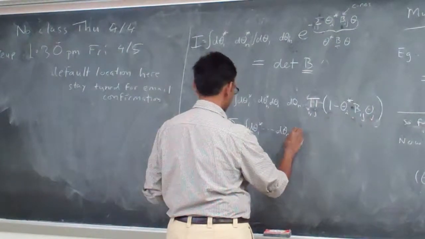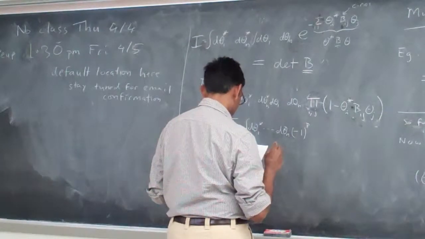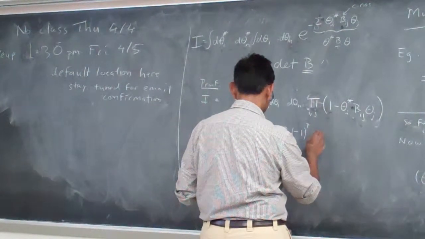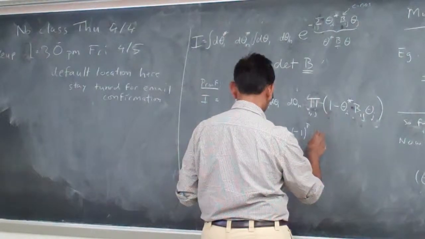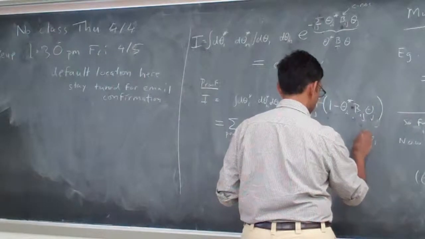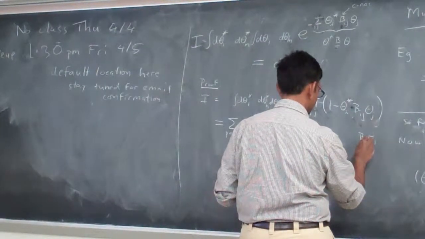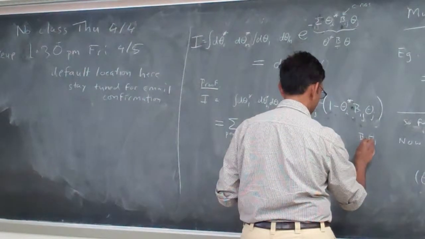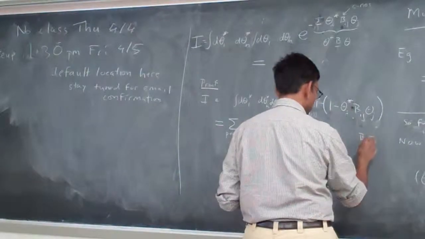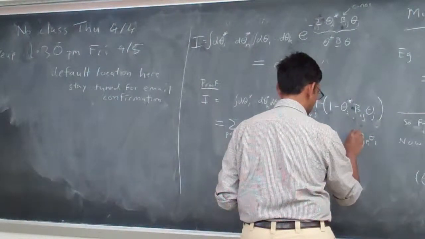Where I choose -1 to the P, and I have, so let me start at this end and write theta 1, B 1, P 1, theta P 1.